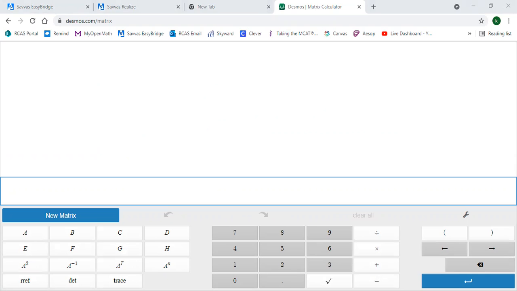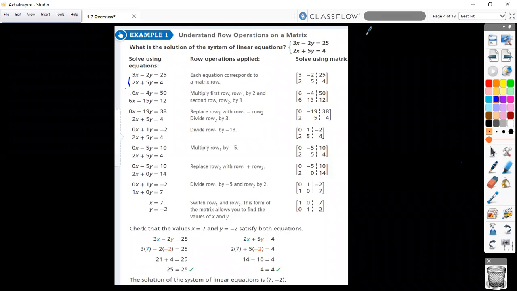Here's your original problem there. And again, we had 3, -2, and then they call this an augmented matrix, on the right side are the answers. So this 25, and then the other one was 2x, 5y, and a 4.